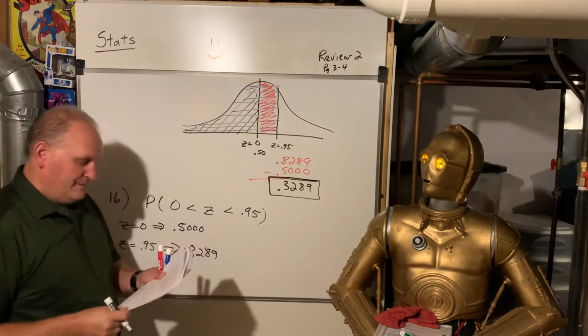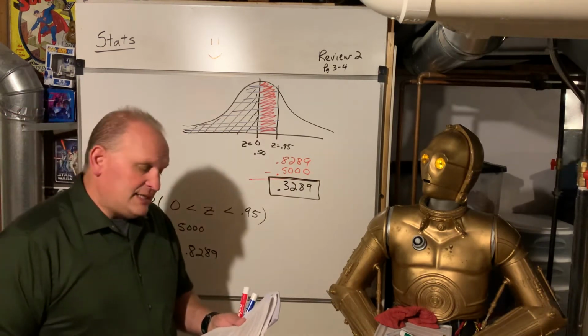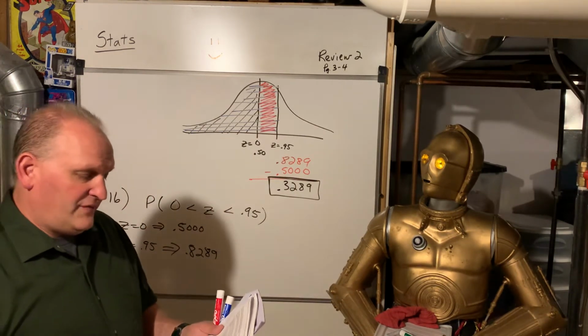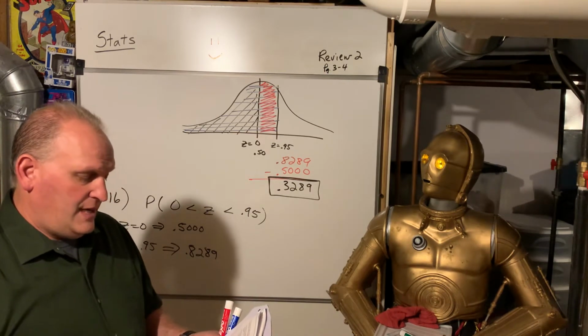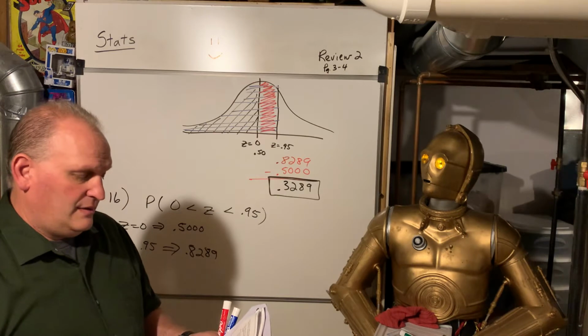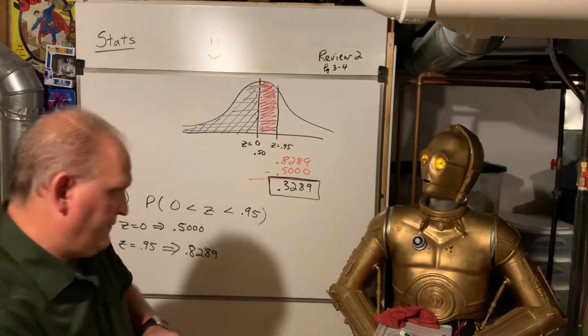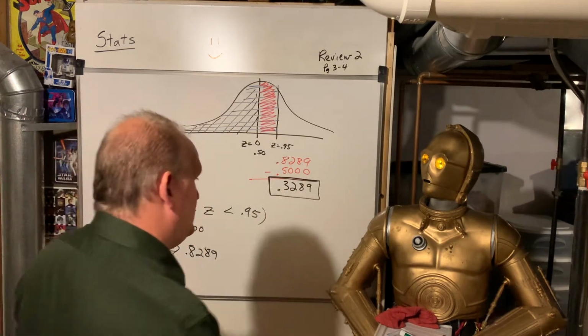Okay. And so these, it doesn't say round to the 100th of a percent, so you just leave it as a decimal for these. Okay. All right, let's do the next one. So that was number 16.